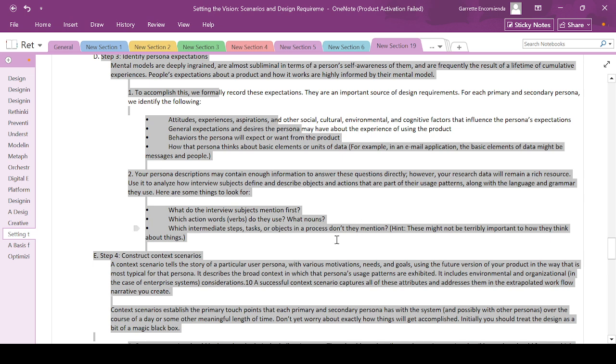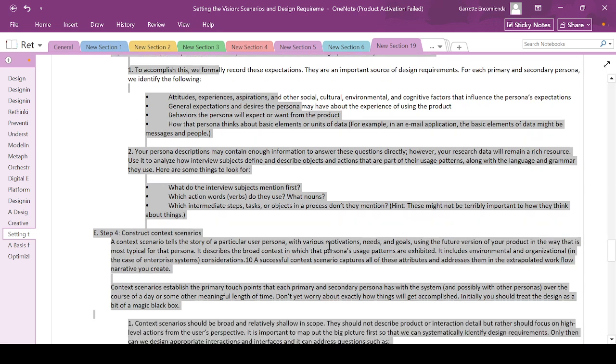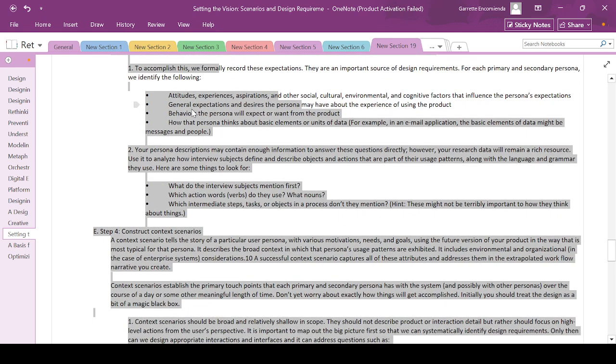So these are the ingrained habits. Remember, the key thing here is the ingrained habits of primary and secondary, and then their environment, kind of like a holistic view from their perspective. General expectations and desires the persona may have about the experience of using the product.